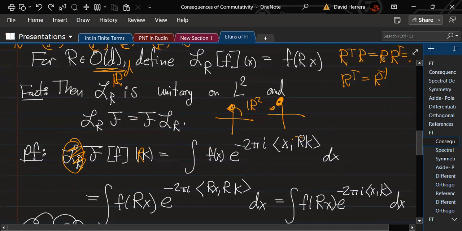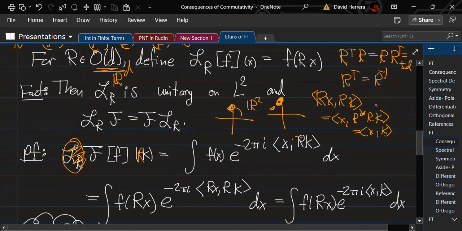It's related to these identities up here, which is that if you have Rx, Rk, and you move this over, that's x, R adjoint Rk, because R is a real matrix. That's the same thing as the transpose. So this is the identity, so this is x, k. So you see that if you apply R to x and k on both ends, it's just the same thing as not doing anything and still doing the inner product.